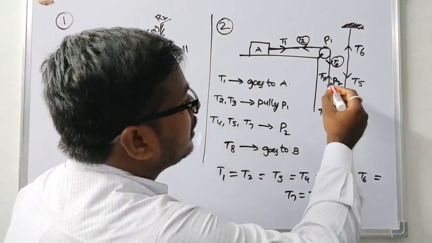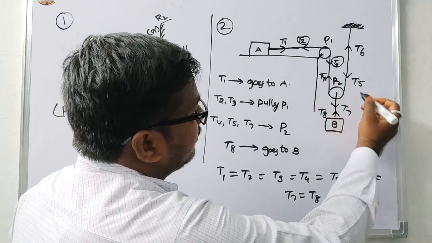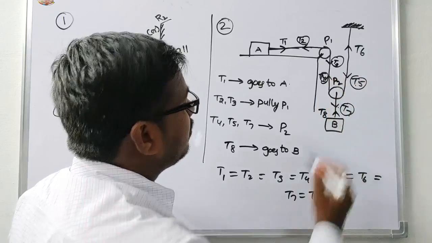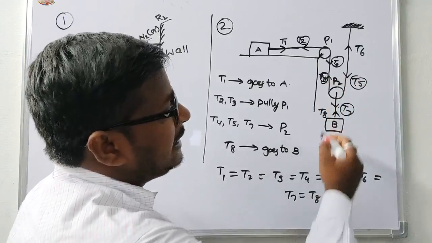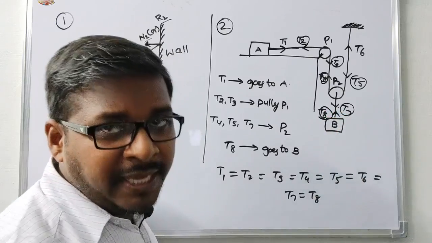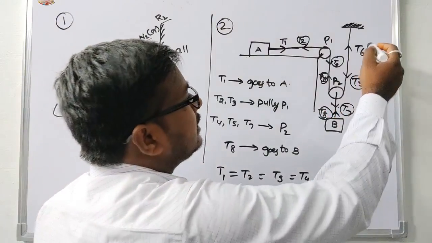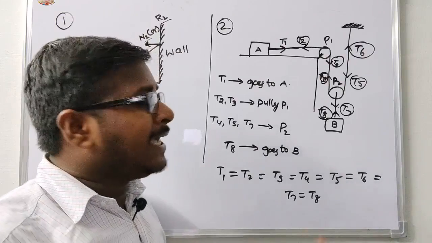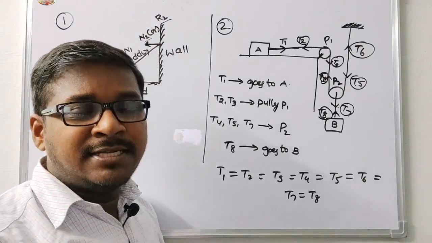The next ones, T4, T5 and T7, are applied by pulley P2. T8 goes to block B. T6 goes to the roof. Total 8 tensile forces are acting, students.